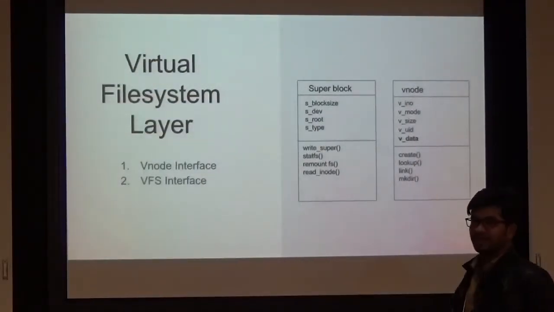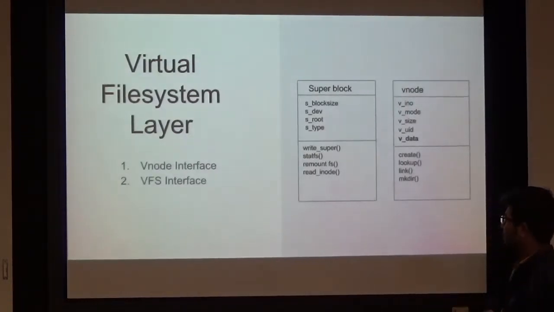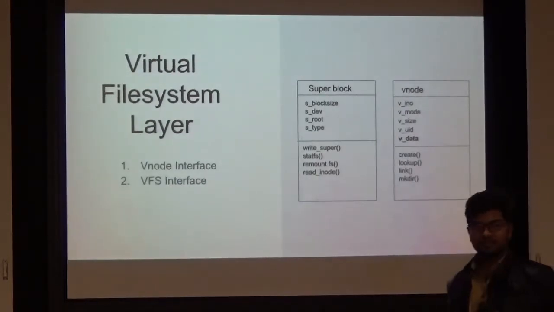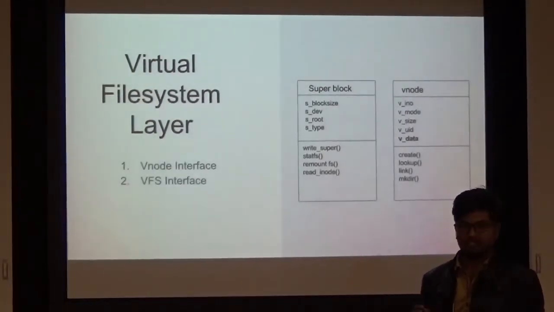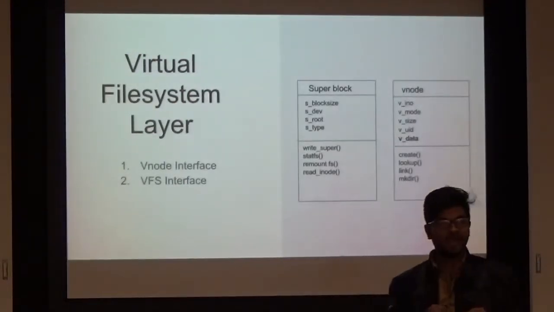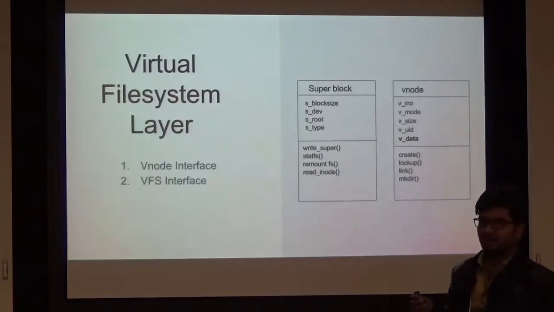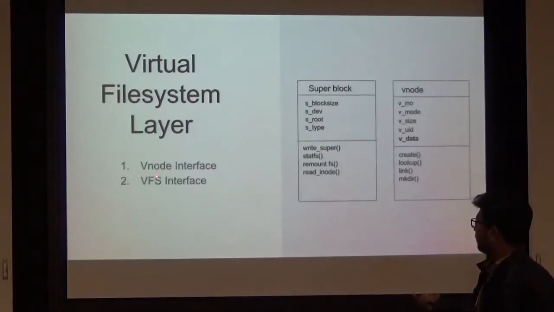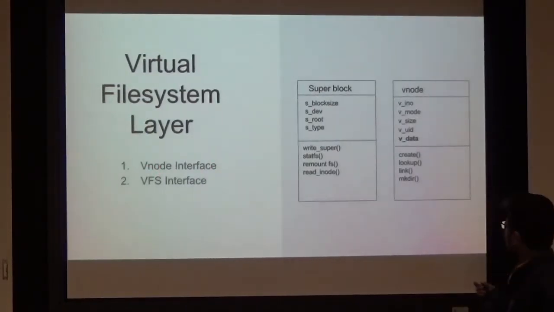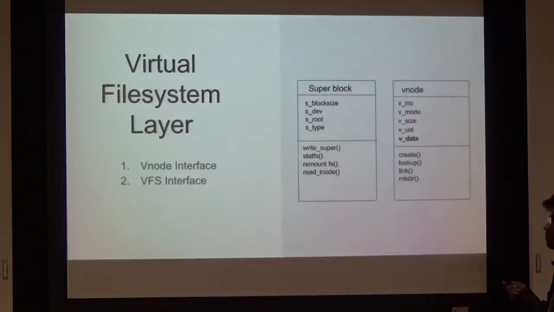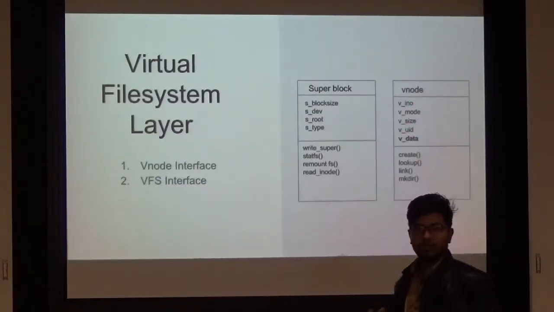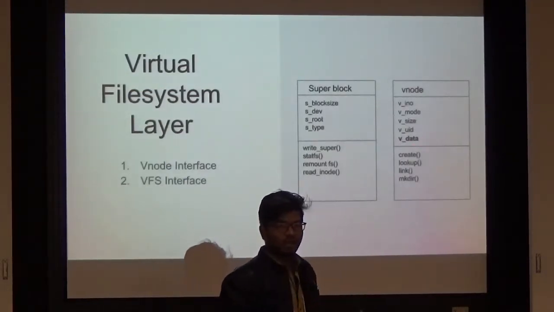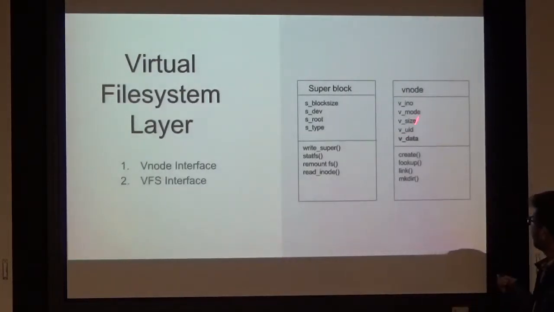As I said, the VFS layer in NetBSD is composed of two interfaces. First is the vnode interface and second is the VFS interface. The vnode interface is basically a structure which is an abstraction over every active file in the kernel. Any file which has been loaded into the kernel will have one vnode associated with it. A vnode contains some metadata about the file, irrespective of the actual type of the file, whether it is a text file, audio, video or even an external device.